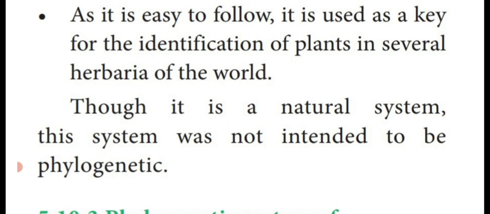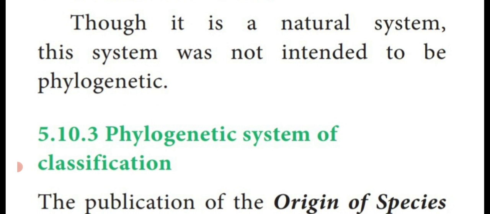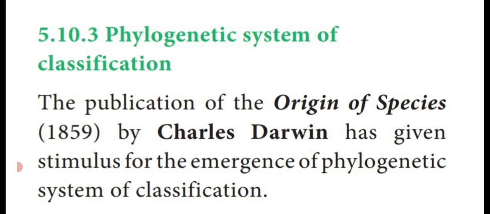They have taken only the natural affinities or characters. So this is one of the disadvantages of Bentham and Hooker classification. Whatever may be, this system is still followed in several herbaria of the world and botanical gardens. So dear students, the second system is over.